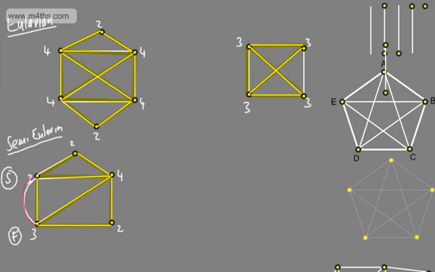Subgraph is part of an original graph, so it might just be simply two of the arcs connected up. Isomorphic graphs show exactly the same information, they just have a different configuration. Okay, a loop now is an arc that goes from one vertex back to the same vertex.